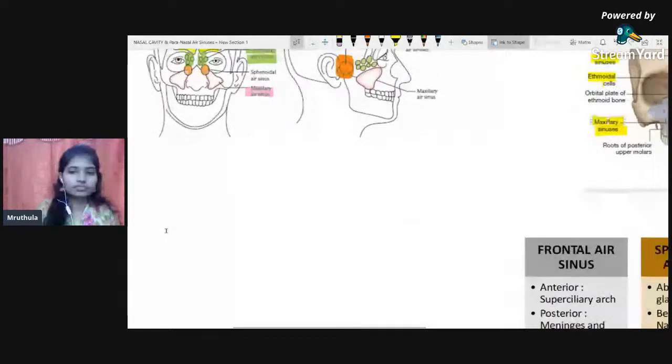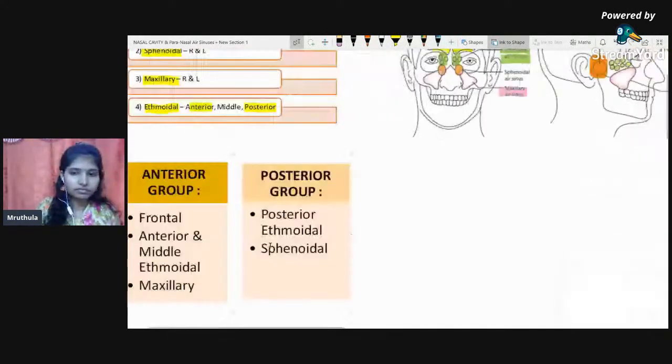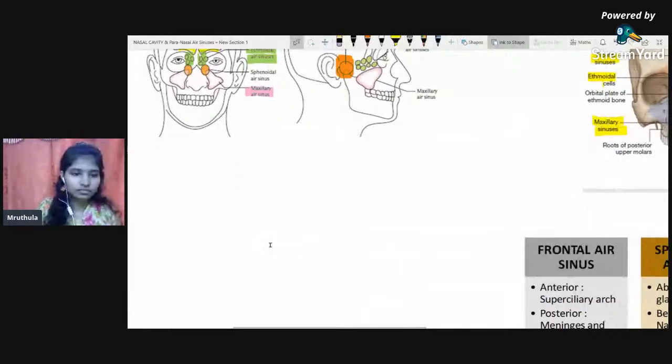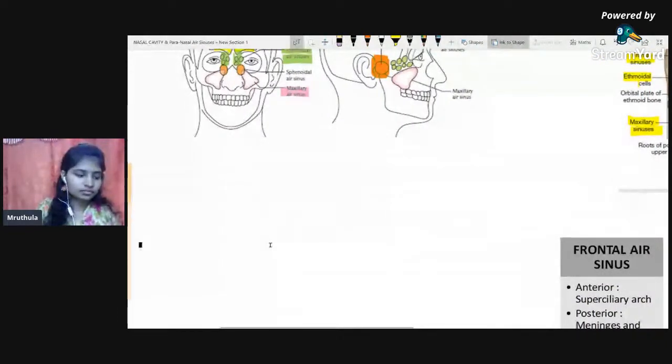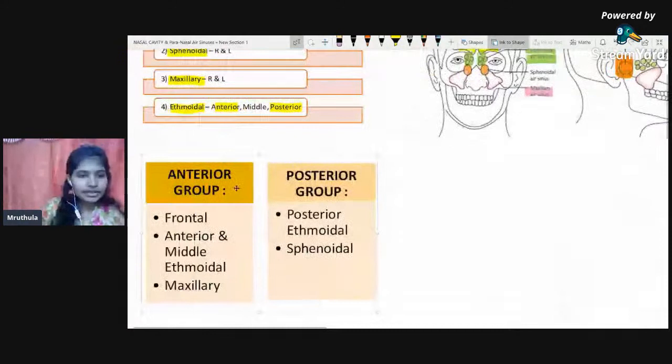The other classification which I mentioned is based on where they open into. We are dividing them into two groups, the anterior group and the posterior group. Here is the division.